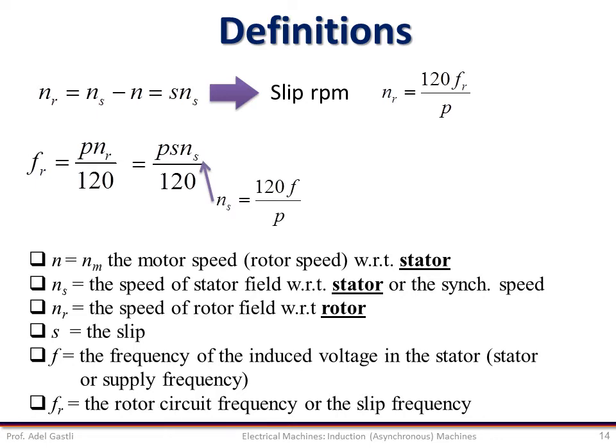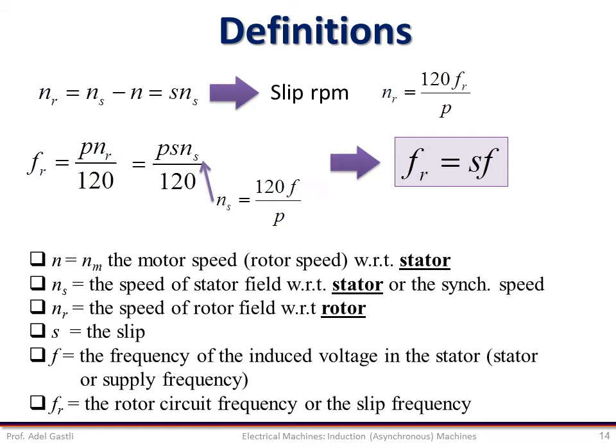Now, considering the equation of the synchronous speed as a function of the stator frequency and poles, we can write the rotor frequency as S multiplied by the stator frequency.